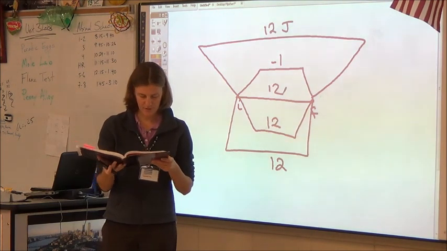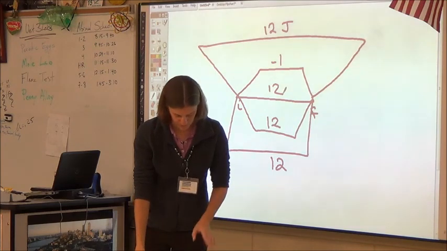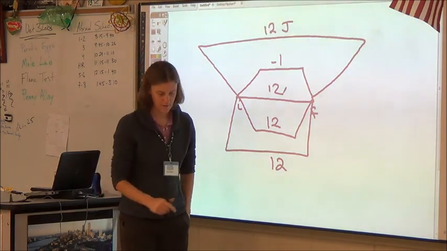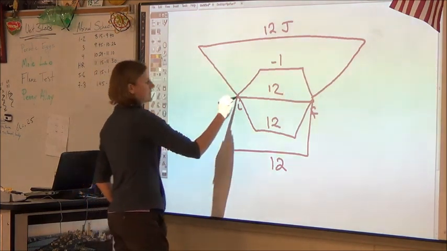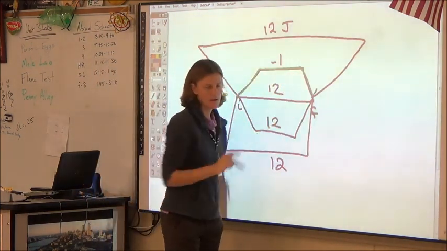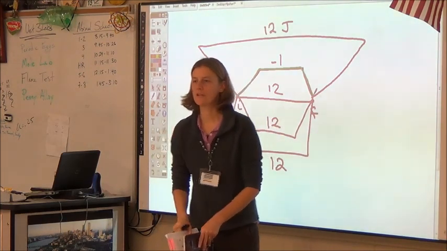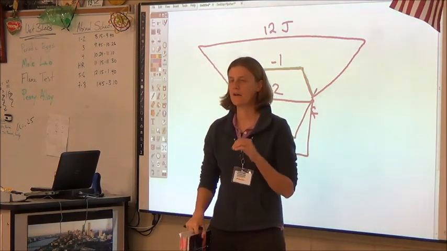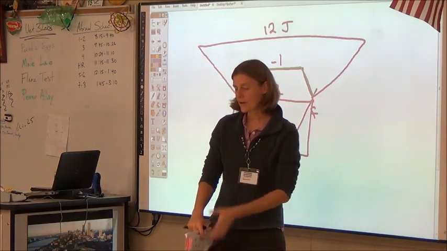Last part, how much work is done by the non-conservative force along that path? So we figured out it's this. We got to read carefully, because you often have to read the question carefully. Is it talking about the work done by one force, or is it talking about the net work?